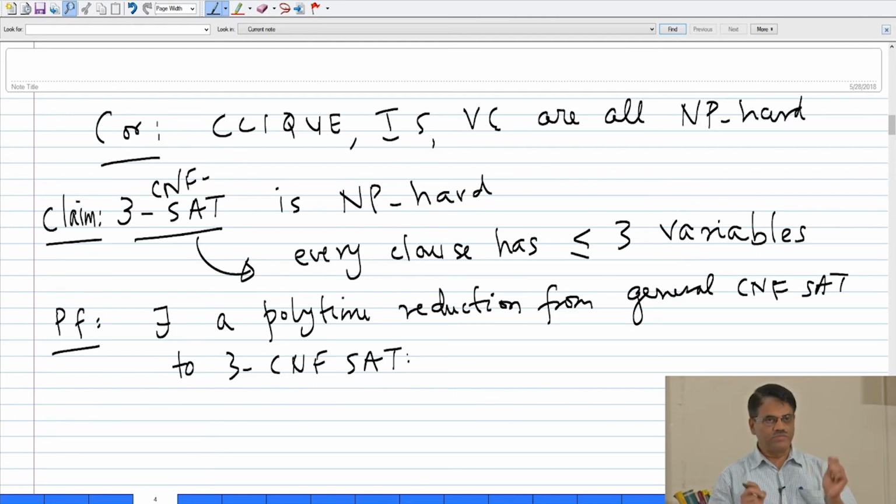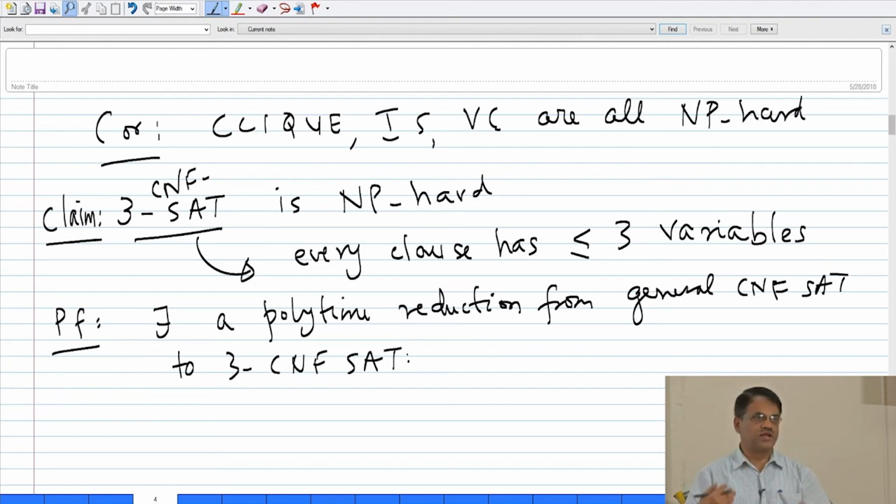Right? It's always important to remember the direction of your reduction. You reduce from a known NP hard problem to your current problem. Okay. If I show this, then you would have shown that the current problem is NP hard. So what do I have to do? You take a general SAT formula, it will have clauses of different sizes. If something has more than 3 variables, somehow I want to transform it.